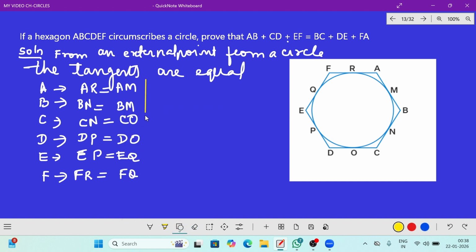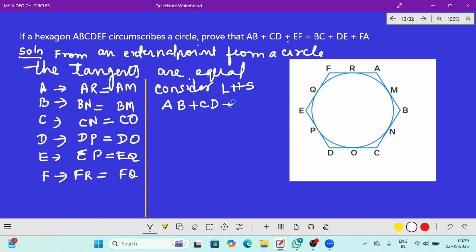After this, what we have to do is take the left hand side. Consider LHS. What is LHS? AB plus CD plus EF. Now what is my AB? AM plus MB.